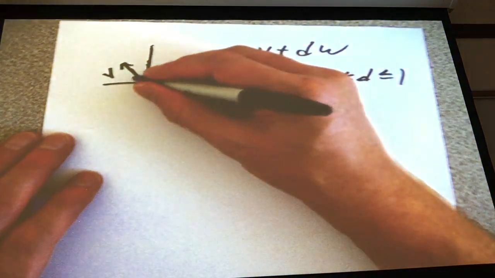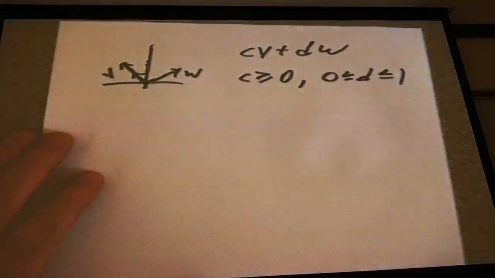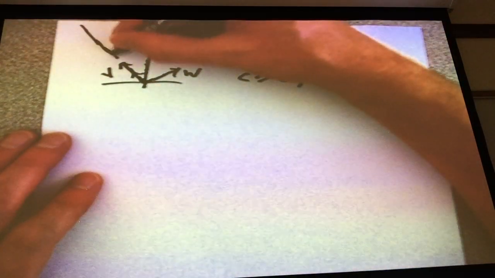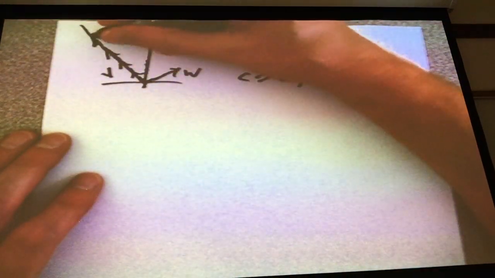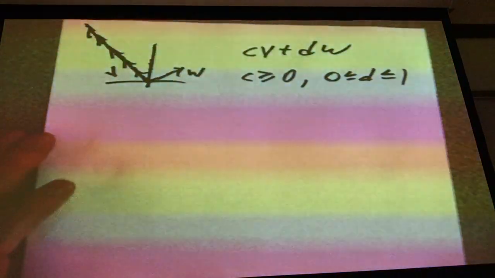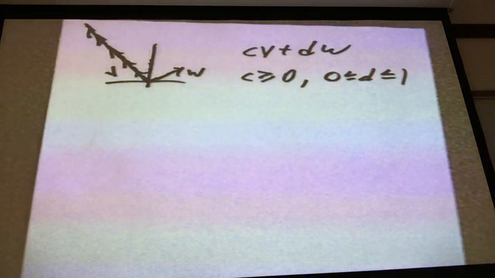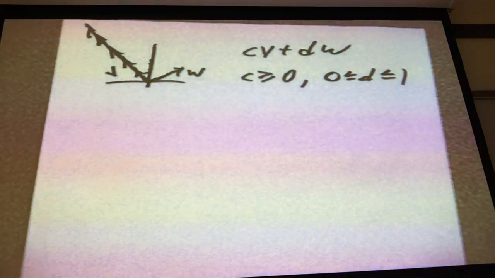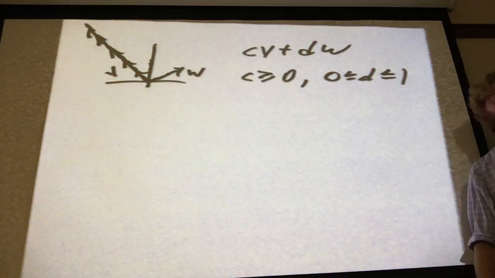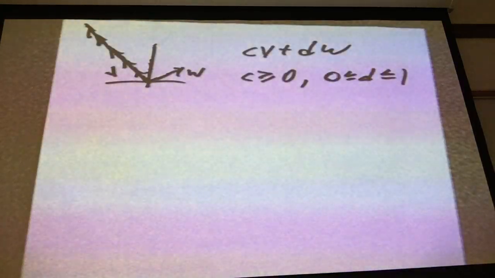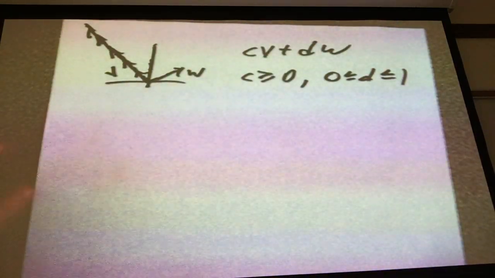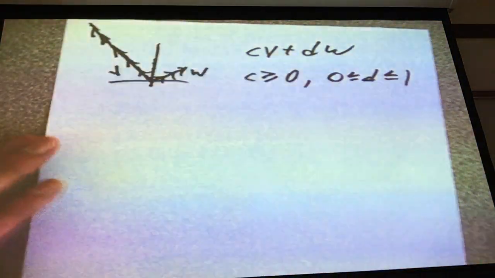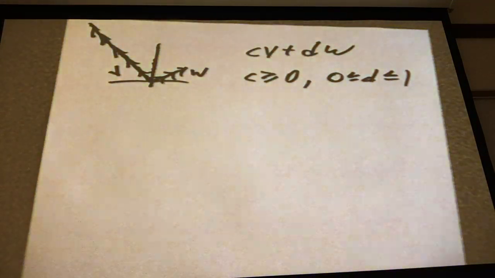So it could be, maybe 1/2. It's just going to go all the way up this way. Like that. Okay. Now the only thing W can do is it can either remain the same with D equals 1 or it can shrink. Okay? So we can have a vector smaller than that.